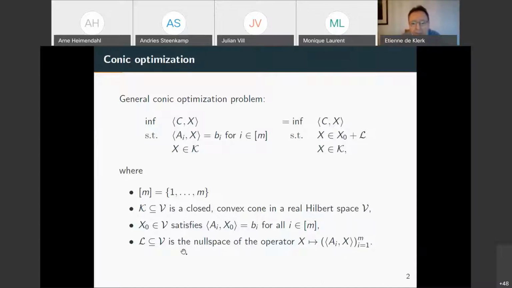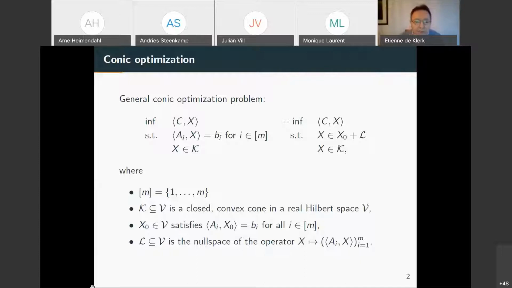Of course, L should be the null space of the linear operator defined by the left-hand side here. So we can just choose L as the null space of this linear operator, which maps things from the space that we work in to R^m because of these conditions.